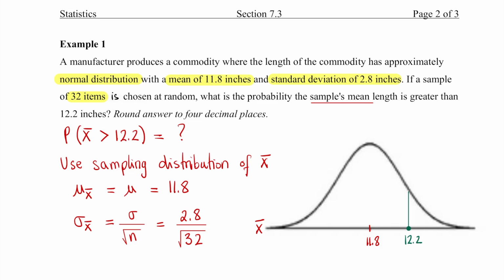Since we're finding the probability that X bar is greater than 12.2, we want the area to the right of 12.2. So this area represents the probability that X bar is greater than 12.2.